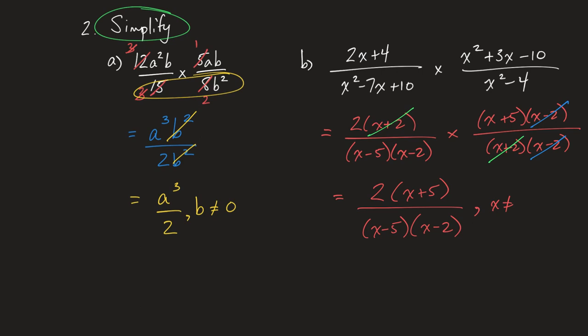I want to explain why. I want you to notice that, yes, I could expand the top and I could expand the bottom. So I could end up writing 2x plus 10 over x squared minus 7x plus 10. However, I want you to notice that that blue form isn't any more useful.